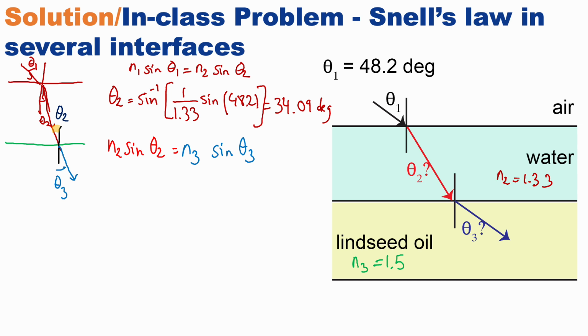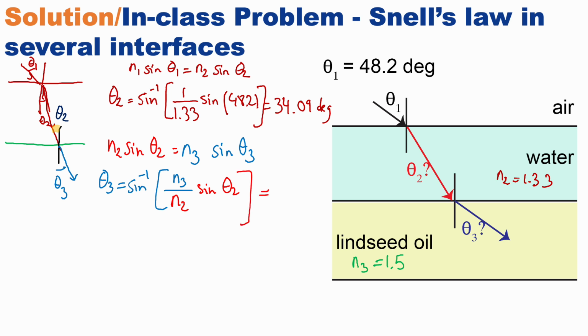And we have two different ways of solving. The first way is just getting the results from the previous application of the Snell law. So we know that θ3 is gonna be the inverse of the sine of n3 over n2 sine of θ2.